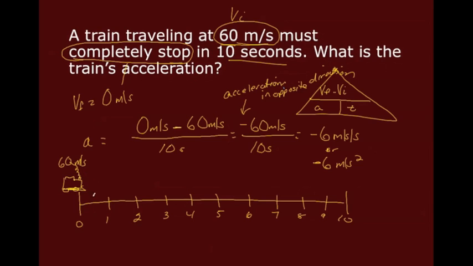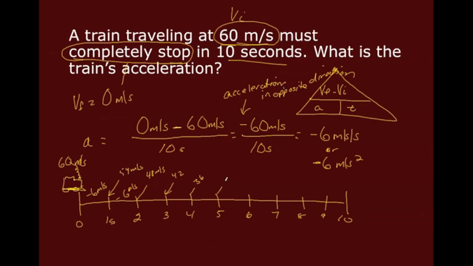Who knows why. And after 1 second, it's slowed down negative 6 meters per second in that second. So now at the 1 second mark, it's going 54 meters per second. And it does the same thing in the second second. So it's now going 48 meters per second. And it's going to continue doing that until it gets all the way down.